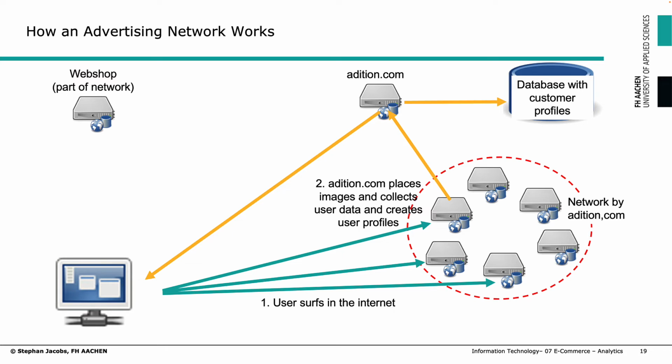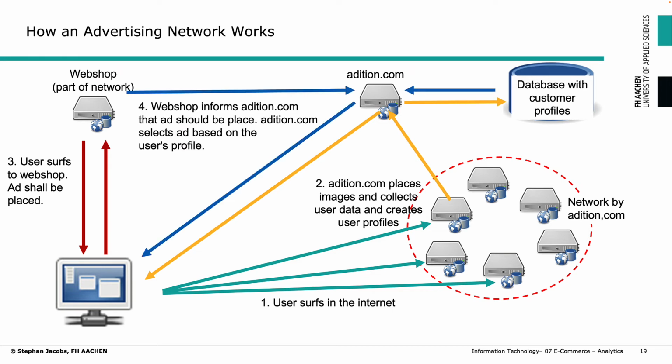Now the user would like to go to the web shop which is part of edition.com's network. He surfs there and the web shop realizes an ad should be placed to announce some kind of product. The web shop now informs edition.com, and edition.com checks: okay, I know this customer, I have a profile, which ad suits best.